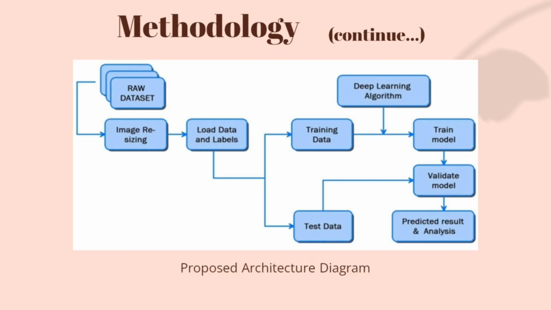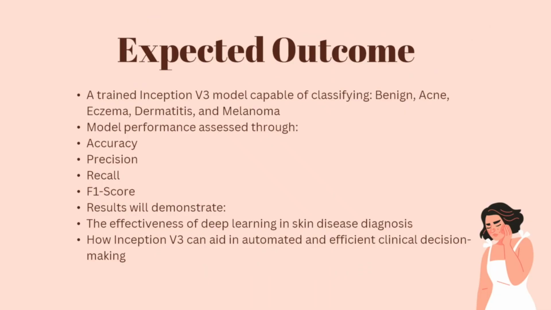This is the methodology architectural diagram, our proposed architecture diagram, where it starts from the data collection till the result, which evaluates the performance of the model. The expected outcomes are where the model will be able to classify among the 5 classes and get a better benchmark in all metrics and an effective performance.